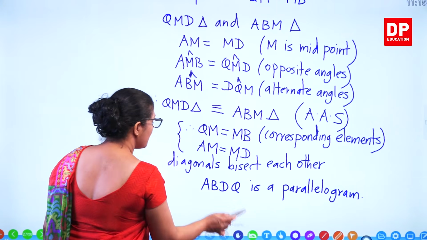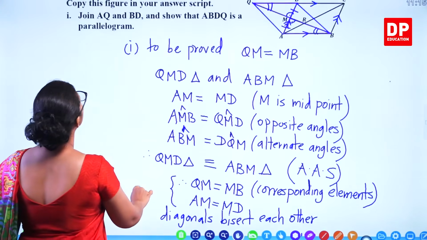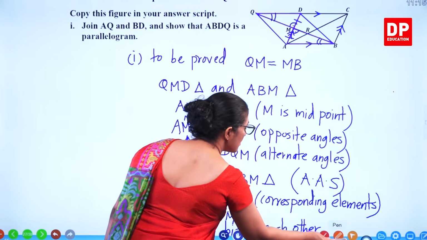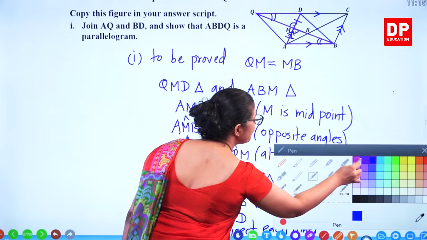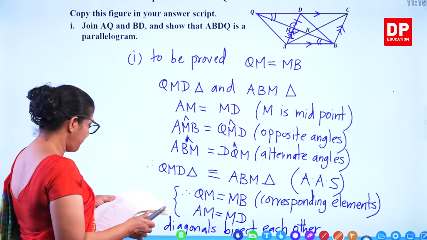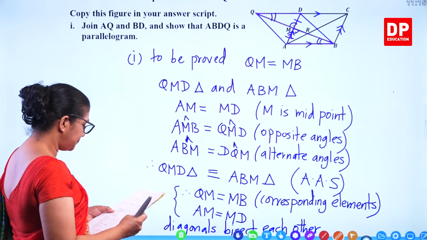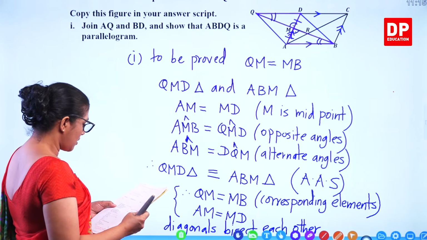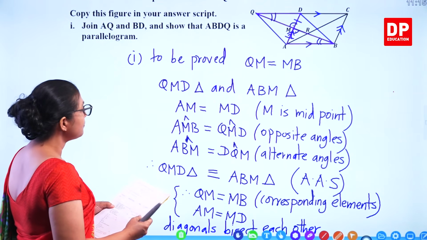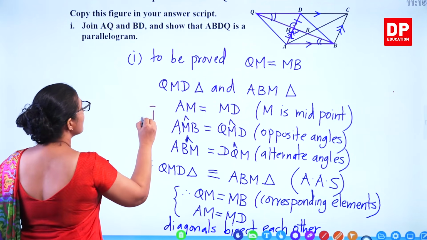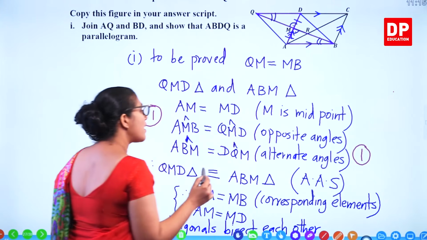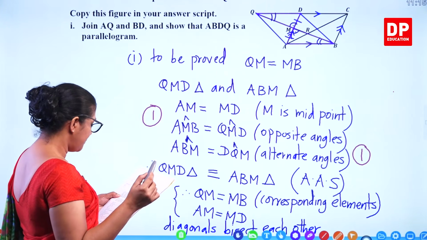That's the first part. So how many marks you can get? Showing the two triangles are congruent, so you get 2 marks. 1 mark and 1 mark, showing that the two triangles are congruent.